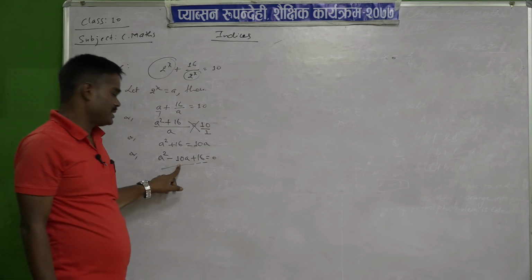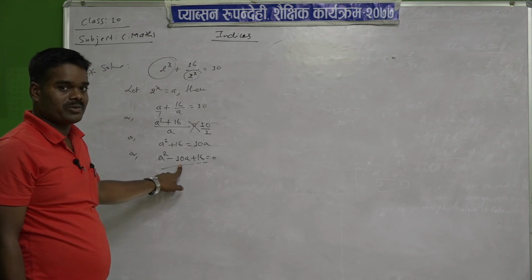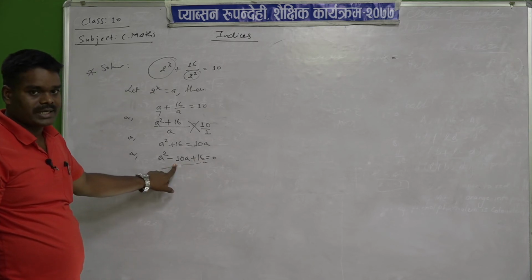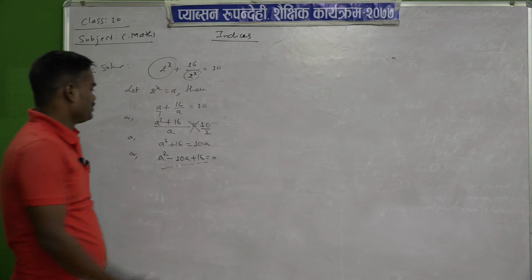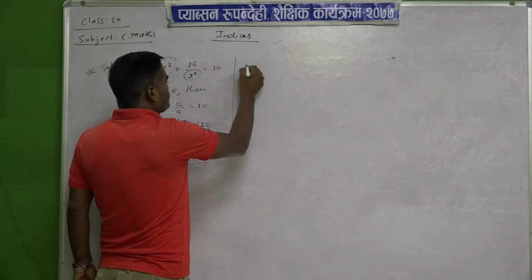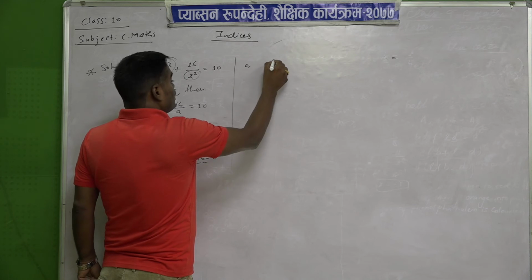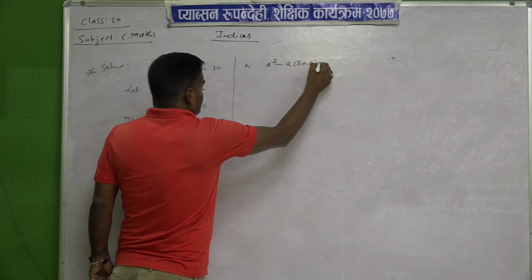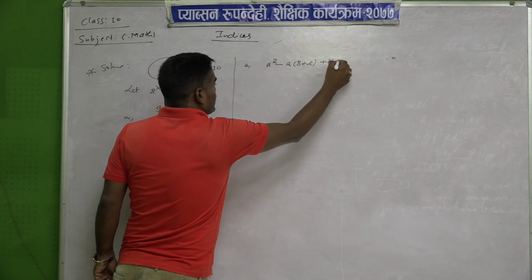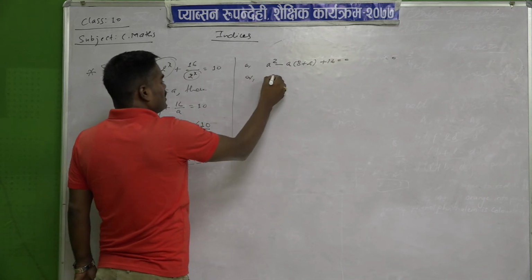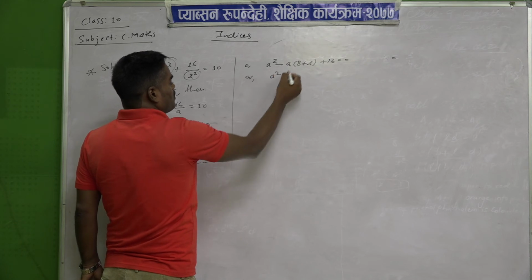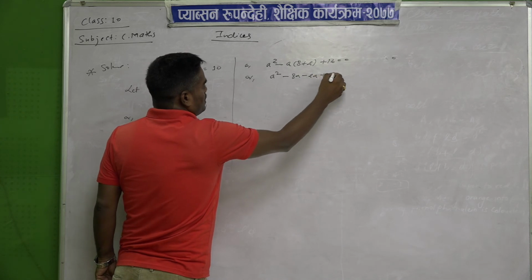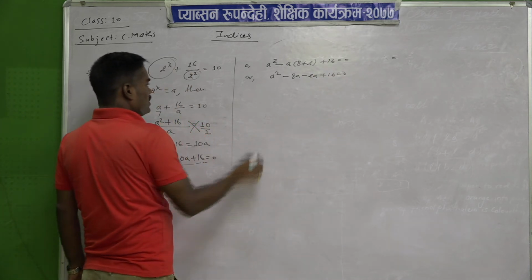So 8 plus 2 means 10. So a square minus 8a minus 2a plus 16 equal to 0.